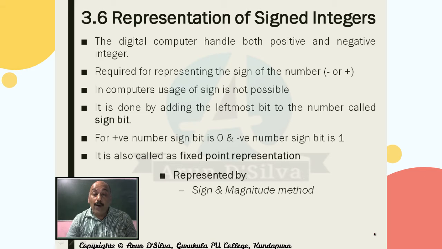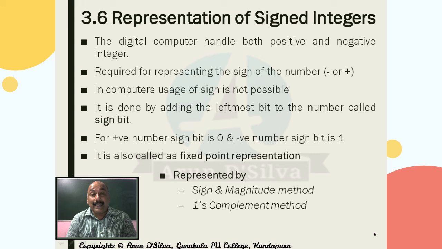Now, I am going to tell you the methods of representing. There are 3 ways. The first method is the sign and magnitude method. The second method, which was proposed by previous engineers, is the one's complement method.